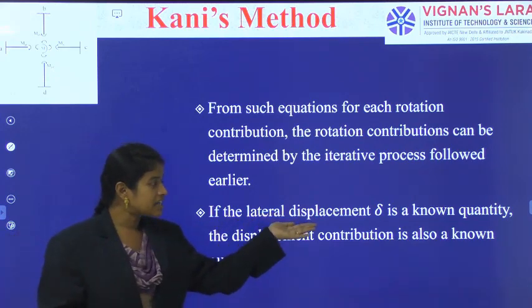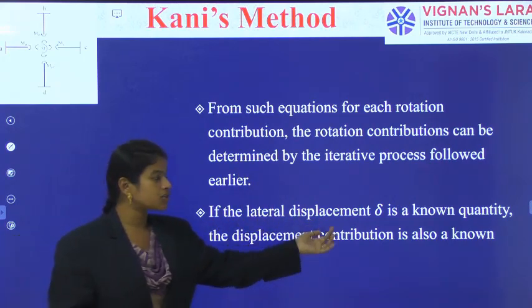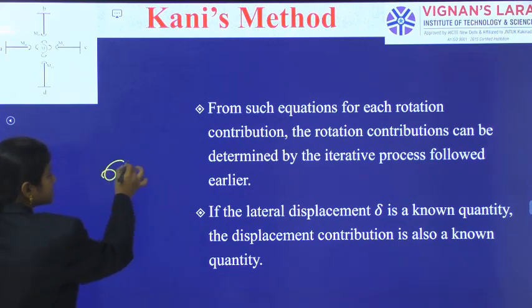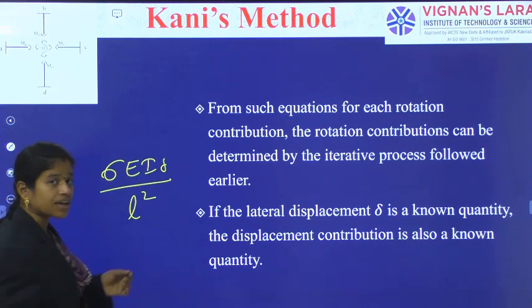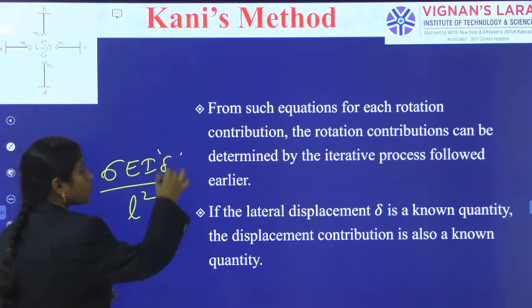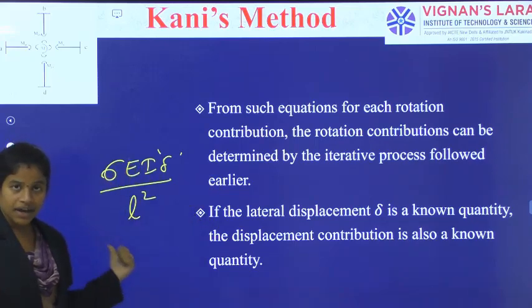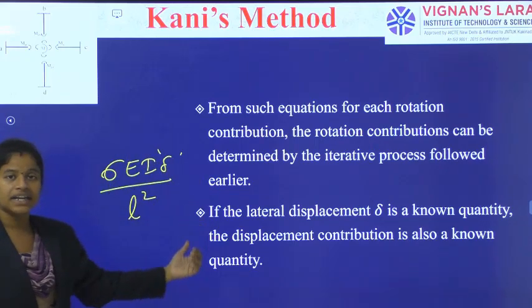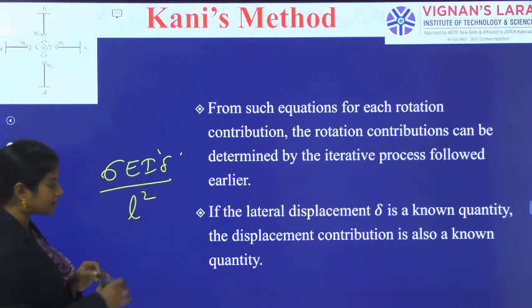Now if the lateral displacement delta is a known quantity, the displacement contribution is also a known quantity. Yes, because it is involving 6EI delta by L square. If delta, the lateral displacement, and the remaining quantities are given in the problem, the displacement contribution is also a known quantity, right?